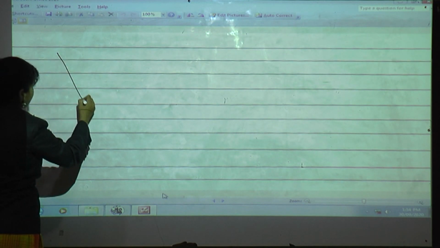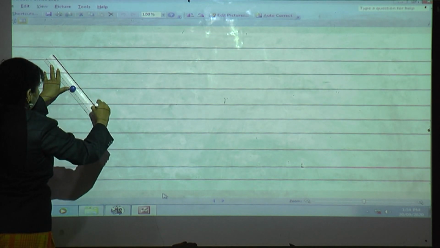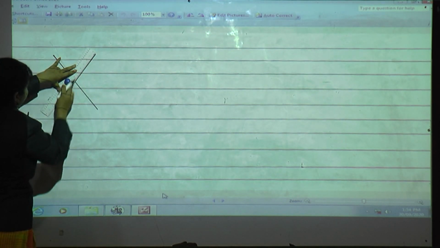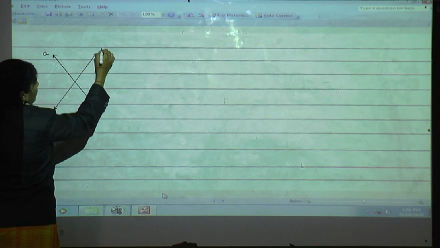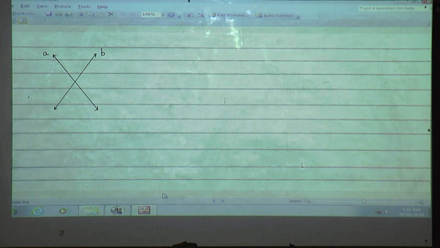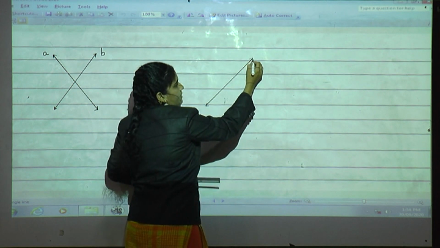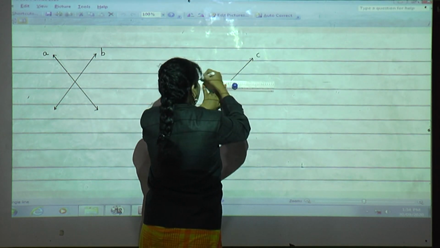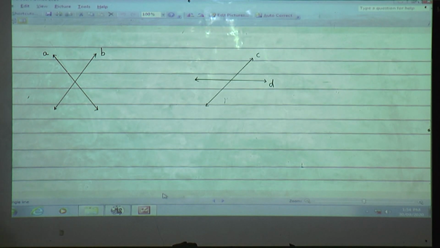First one, see. Here, line A and line B. Again, second pair like this: line C and line B. Now see students, no matter how they meet, they are in one plane.